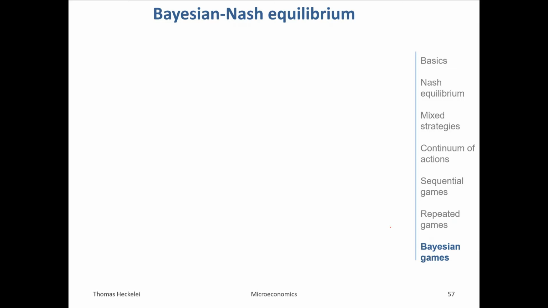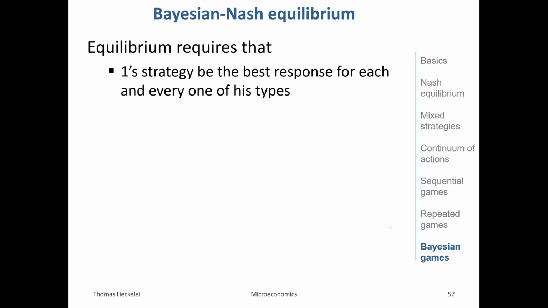In order to get to this equilibrium, it requires that the strategy of the first player must be the best response for each of his types, but also for every one of his types.